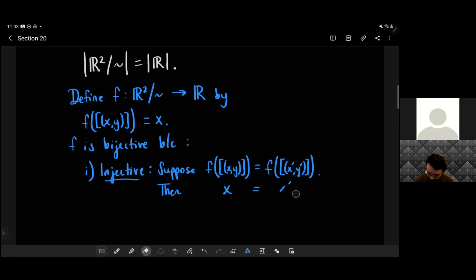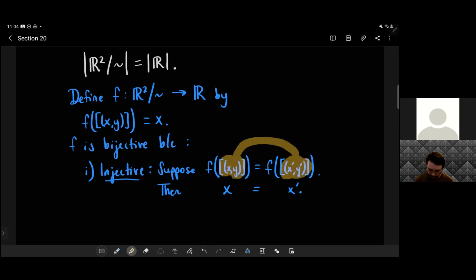I'm used to proving this backwards, so I'm thinking of the other direction where we are going from R to the set of equivalence classes. But this is actually sufficient, because if x is equal to x prime, then that actually implies these equivalence classes are equal.